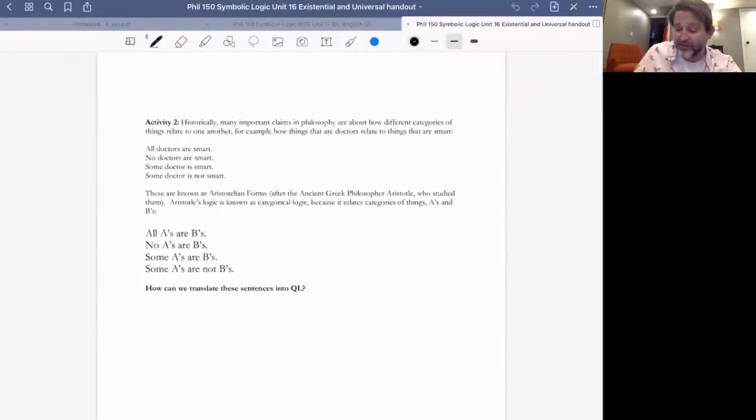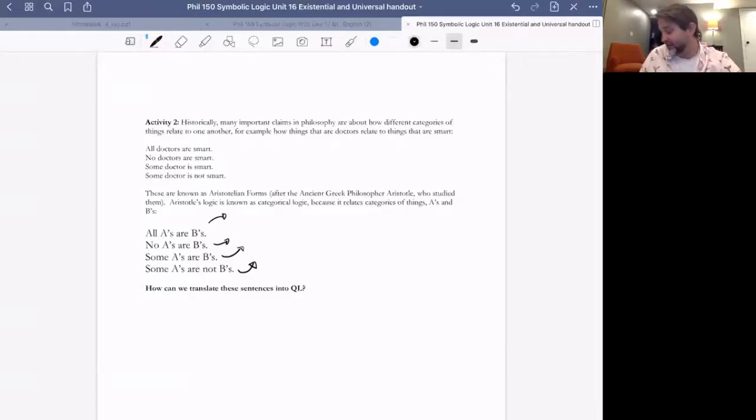All A's are B's is the form of the first sentence. No A's are B's is the form of the second sentence. Some A's are B's is the form of the third, and some A's are not B's is the form of the fourth.